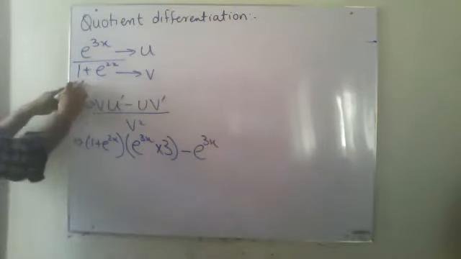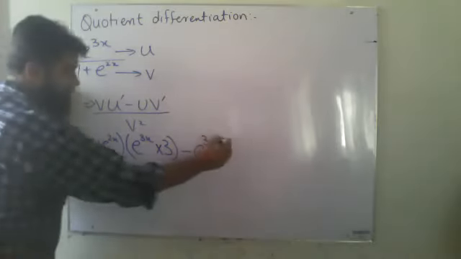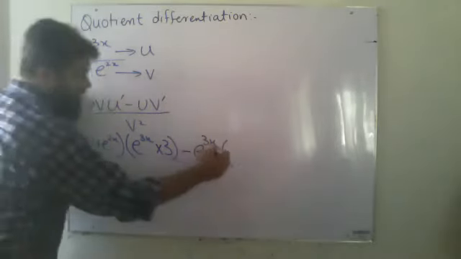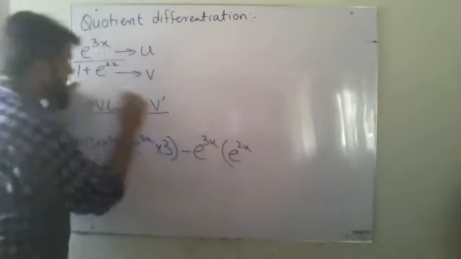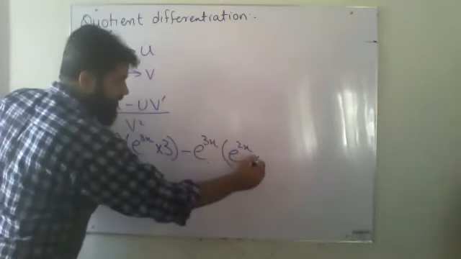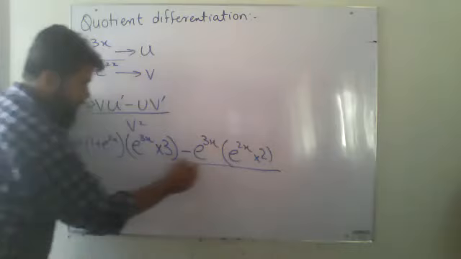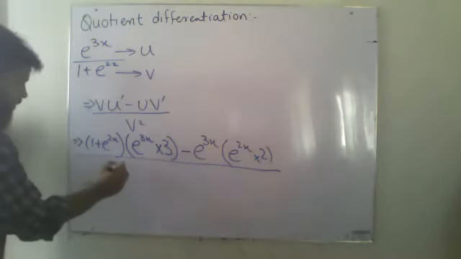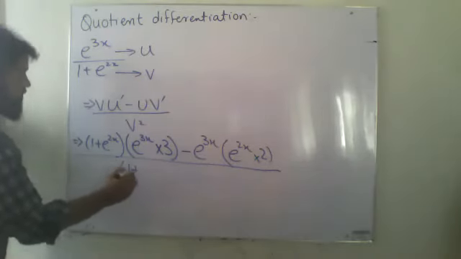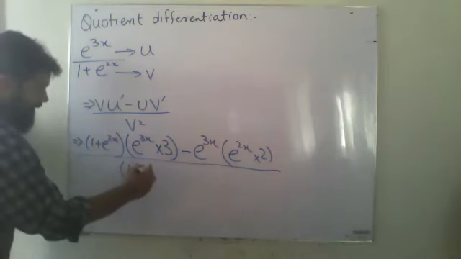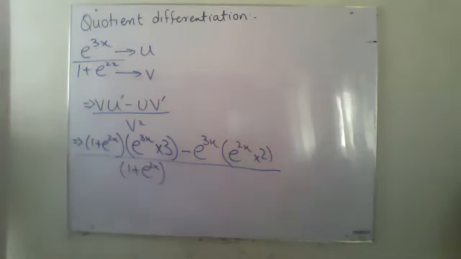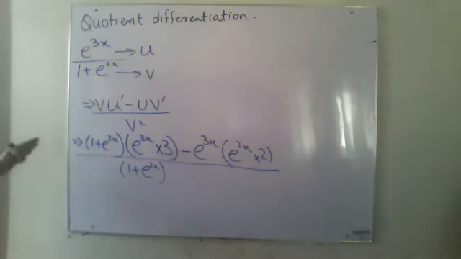So differentiation of 1 will be 0. e^(2x) will be written like this, and differentiation of the power will be multiplied by 2 over v squared, means (1 plus e^(2x))^2. Okay, this is how you are going to put the value. I haven't done anything, I have just differentiated it and I have plotted the value.